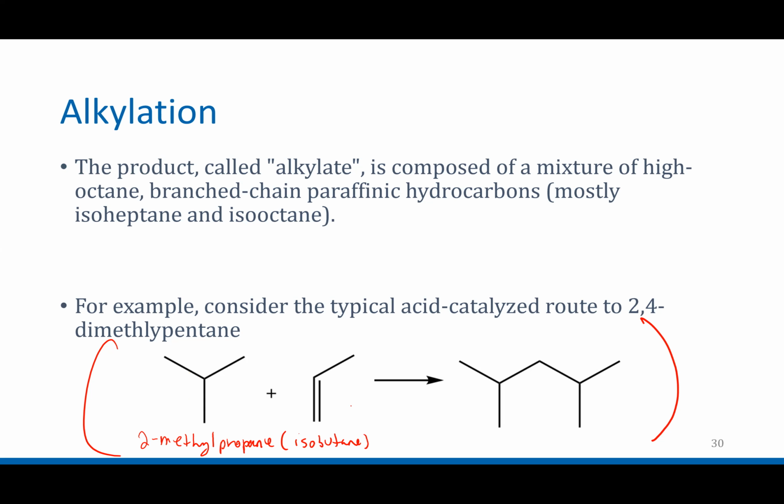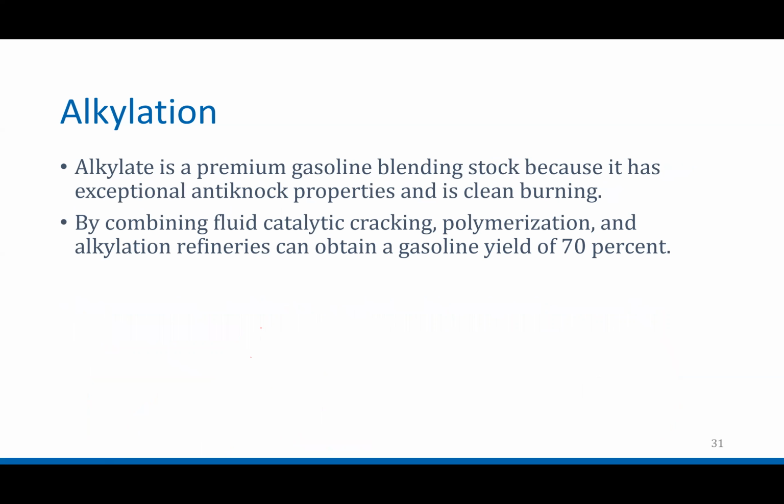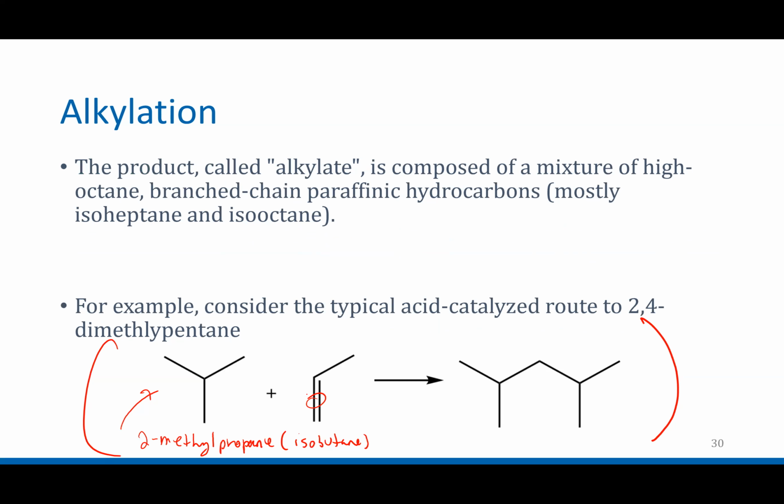And I'm reacting it with propene in this case. And what happens is this has a double bond. One of the double bonds opens up and joins here to this chain, and then we get a longer carbon chain. That's it, that's alkylation.